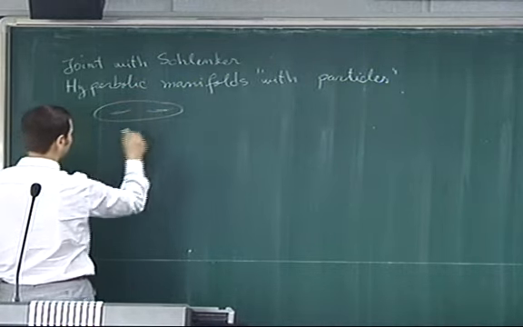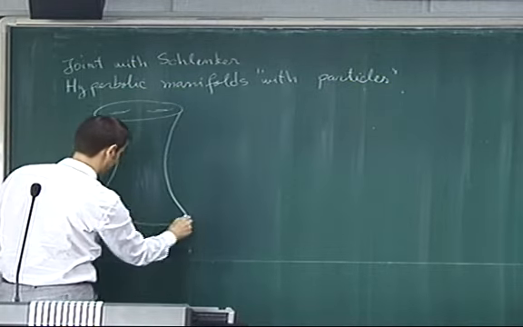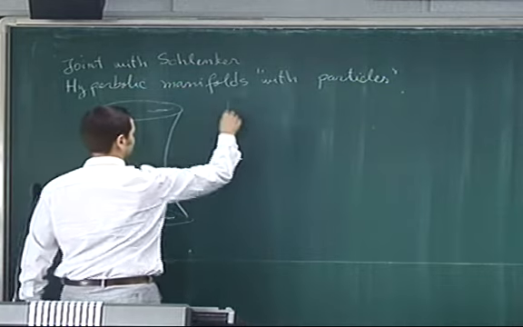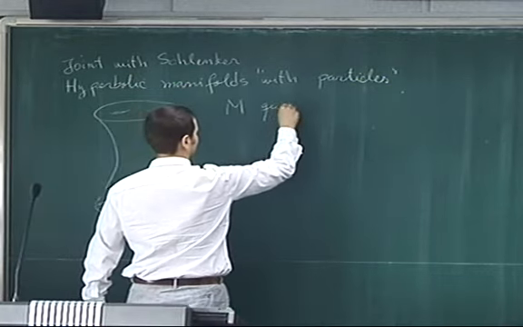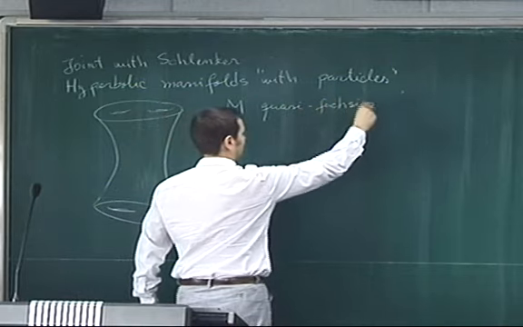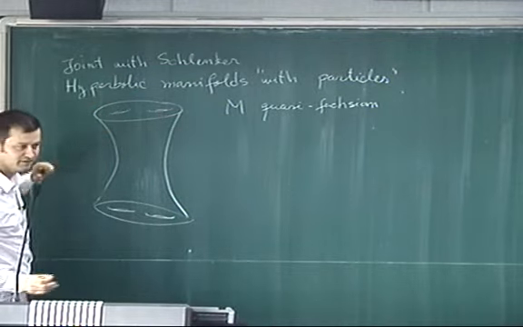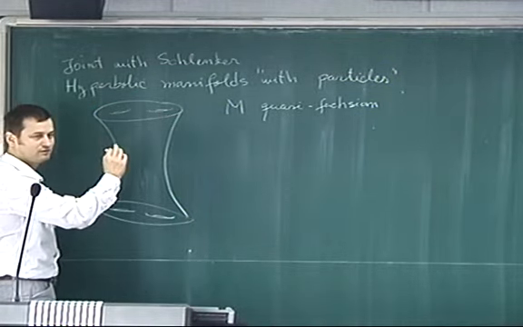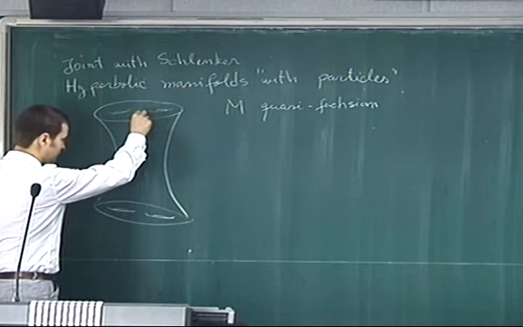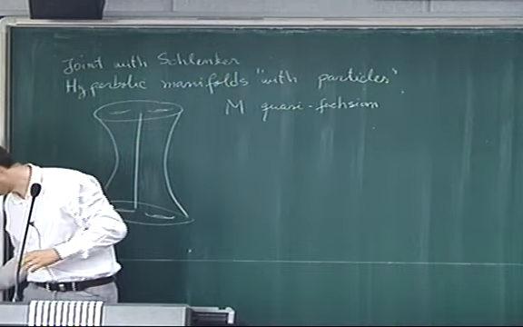So, think about a quasi-Fuchsian manifold. And suppose, moreover, that M has singularities along some geodesics, stretching from one copy of infinity to the other.